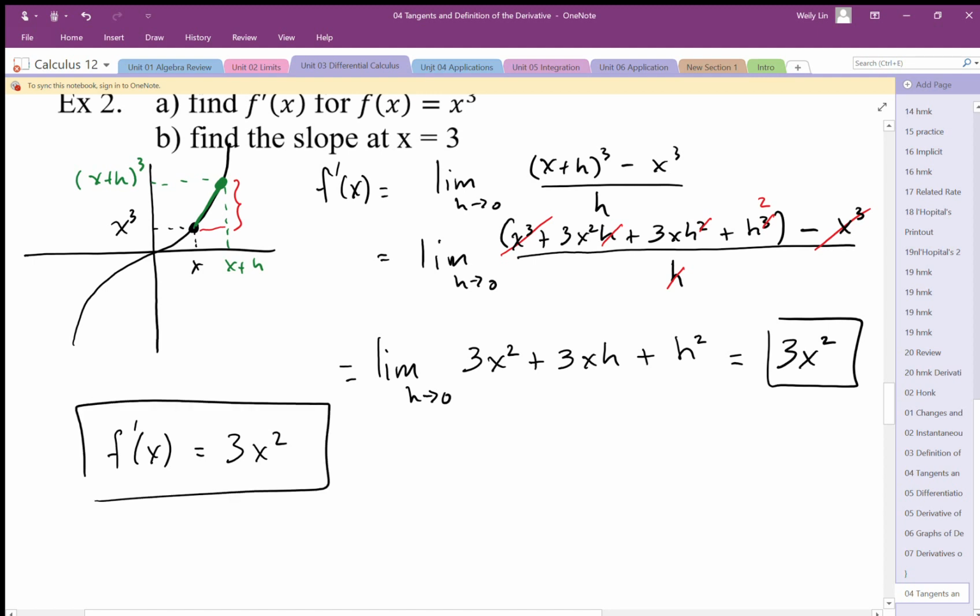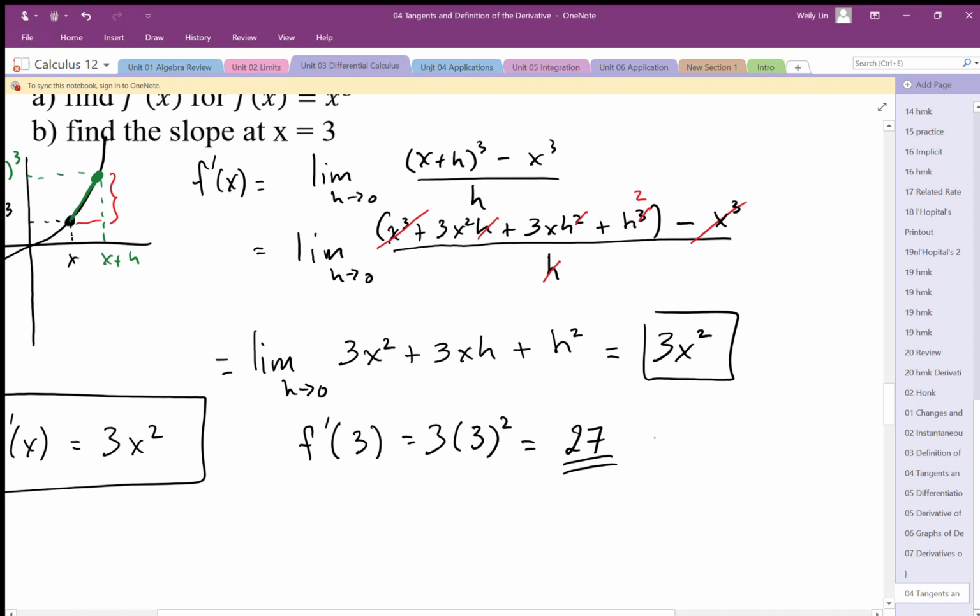Okay, so then I can use this function to calculate the slope at x equals 3. So at x equals 3, the slope function calculates a slope value of, so it's just going to plug that 3 into there, 3x squared. It's going to give me a slope value of 27. So there's my slope.